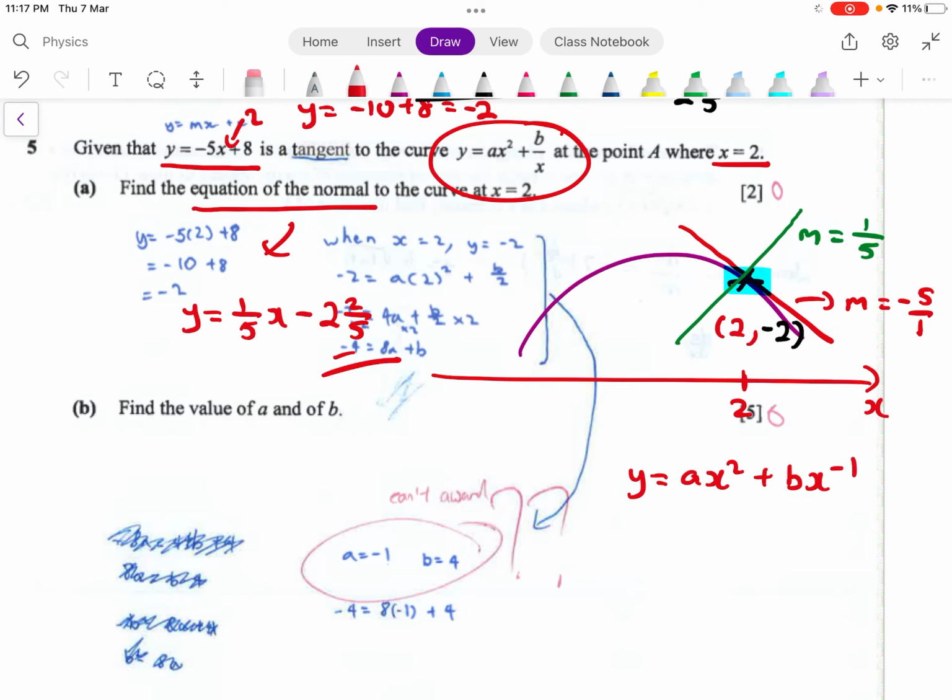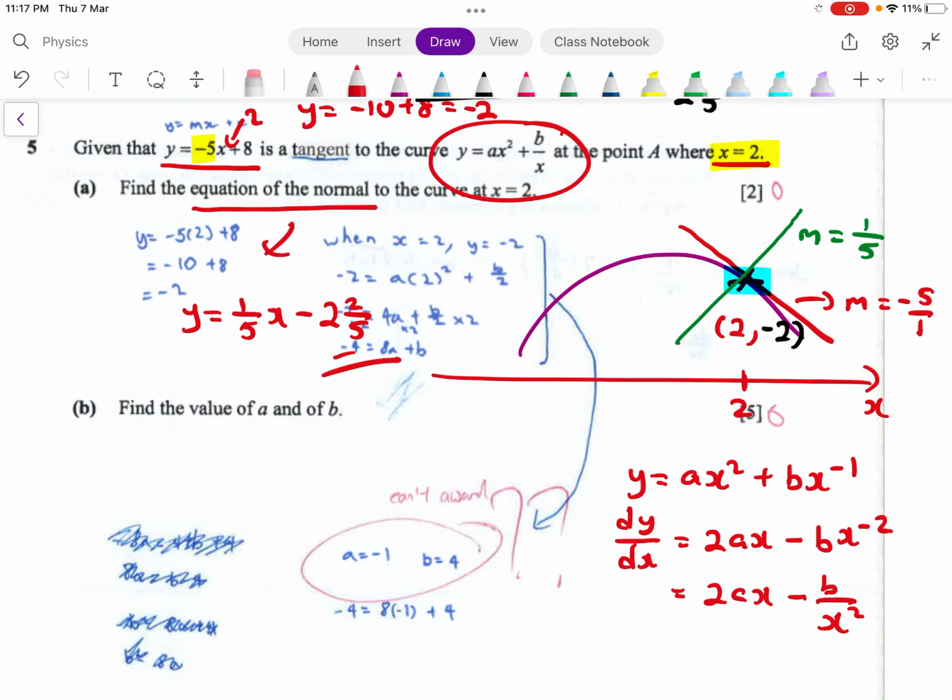Since I know the tangent has a gradient of negative 5 at x equals 2, I need to differentiate. So dy/dx is 2ax minus b x to the power of negative 2, so it's 2ax minus b over x squared. So that's my dy/dx.